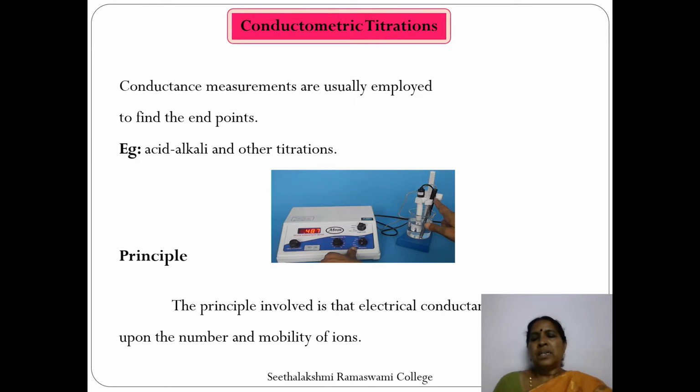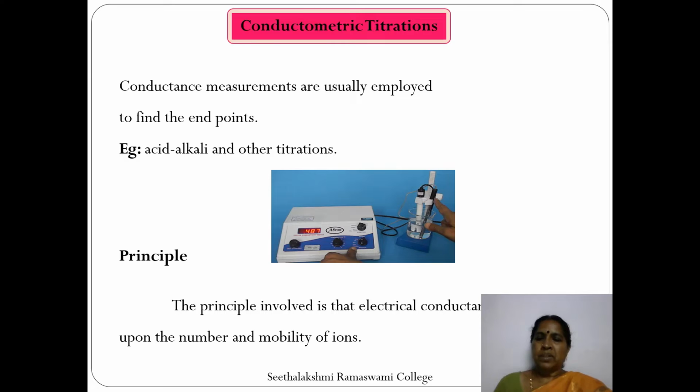Now, initially, the conductance is measured for hydrochloric acid. Then, sodium hydroxide solution is added in 0.5 cc portions. After each addition, the solution is stirred nicely and the conductance is noted.